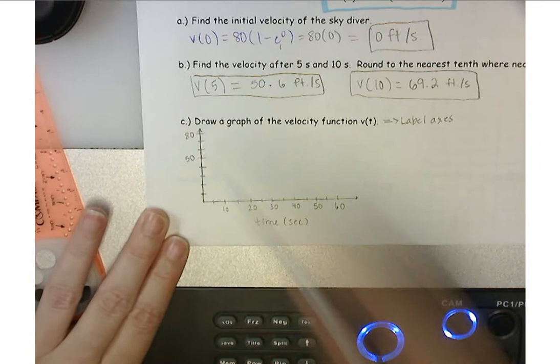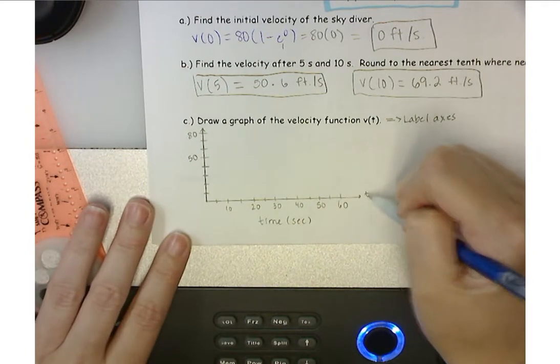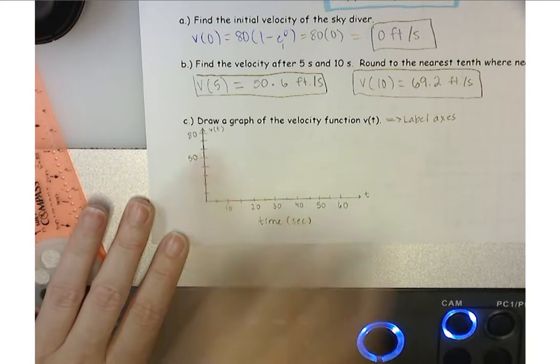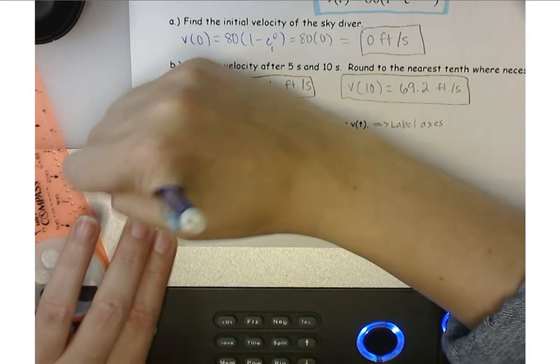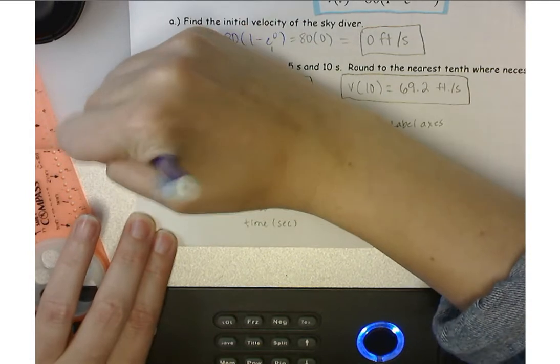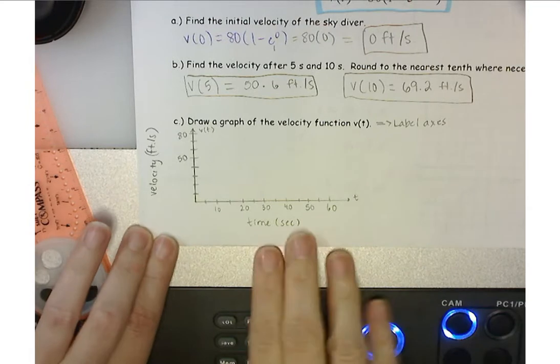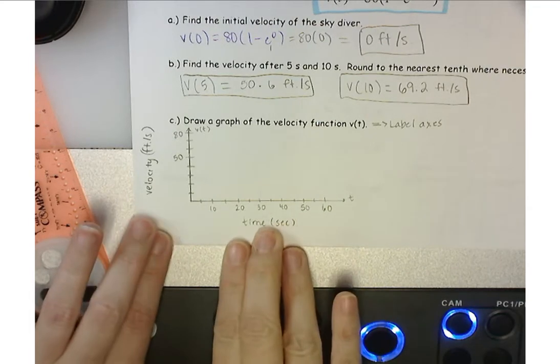And then I'm going to go ahead and label this. So this was my time in seconds. This is my V of t, which V of t represents what? Velocity. Good. And the velocity is measured in feet per second. Doesn't it look so beautiful?